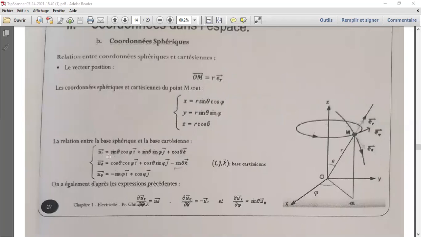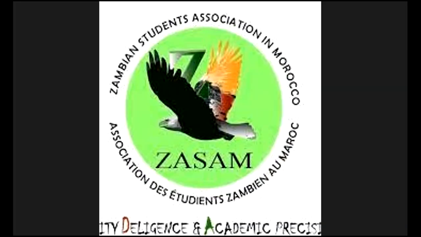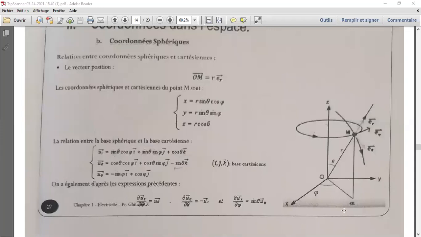Sharing a screen. Can you see my screen? No. And it's also not recording. Just wait a bit. Yeah, it has started recording. Can you see my screen now?